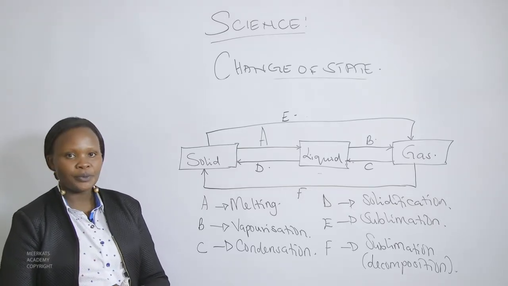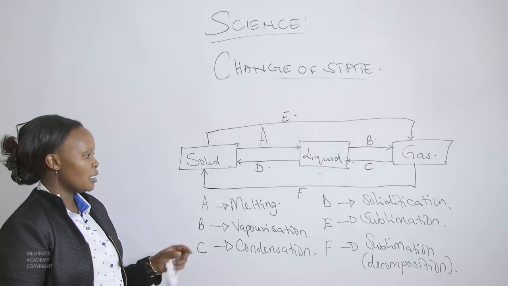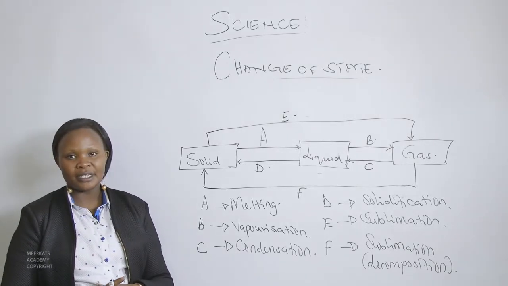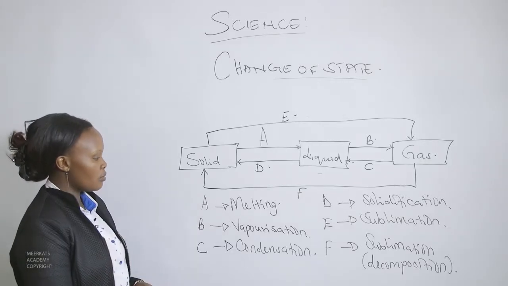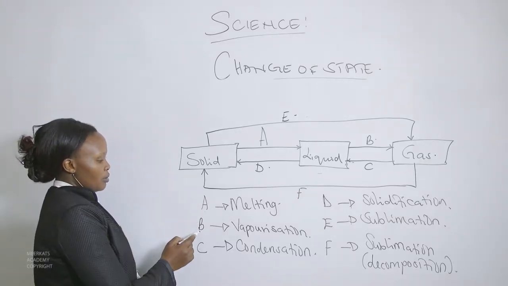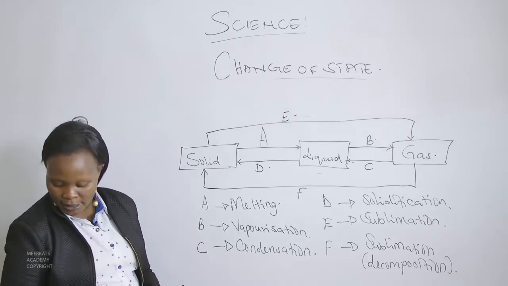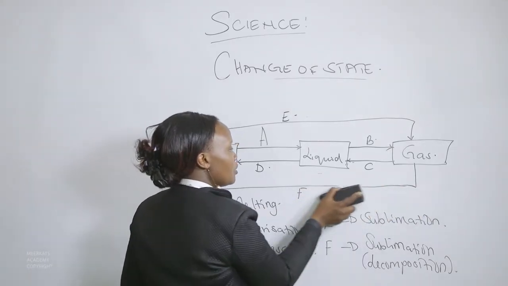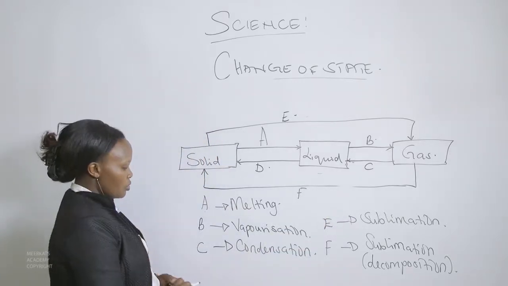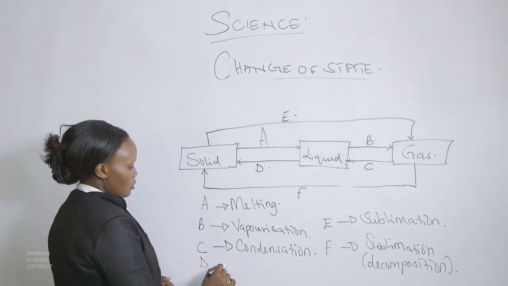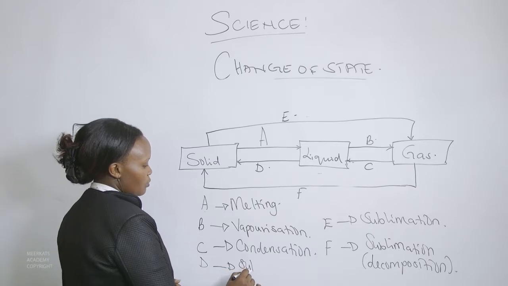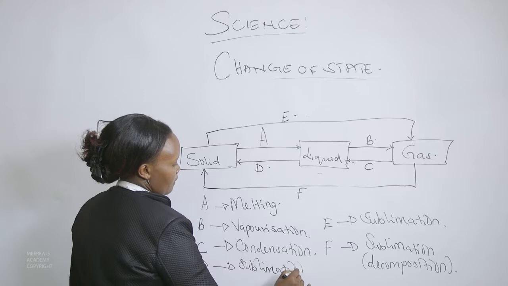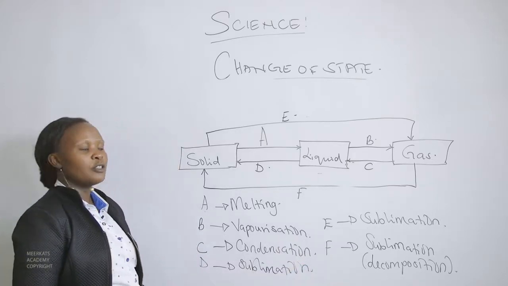Now, let us look at the processes on my left hand side. These ones, process A, B, C. We could also add D, which is sublimation.